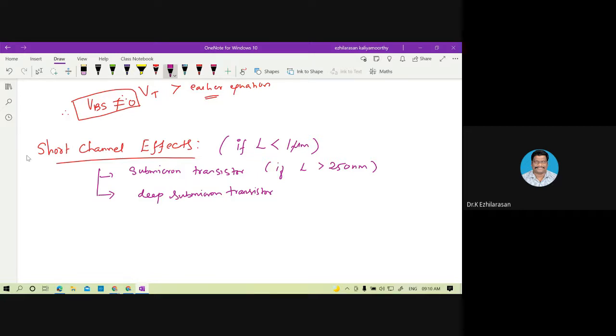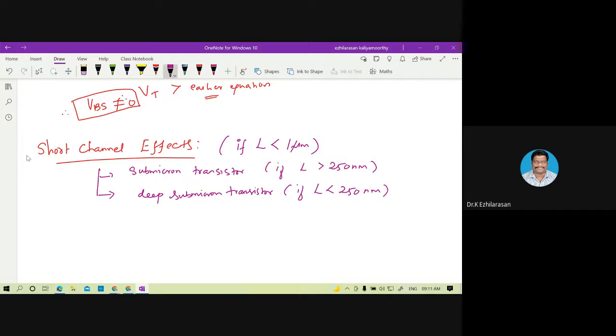But if L is less than 250 nanometer, meaning L will be 180 nanometer, 90 nanometer, 45 nanometer, and so on, that is a deep submicron device. So short channel effects are very important in this transistor.